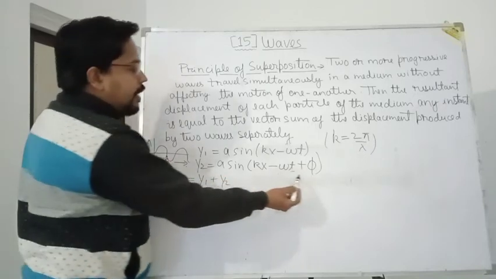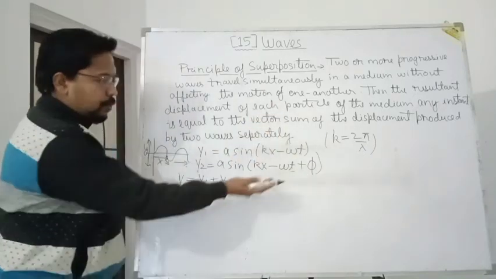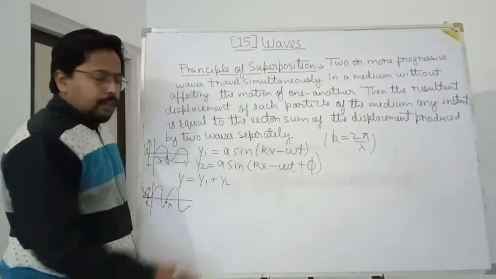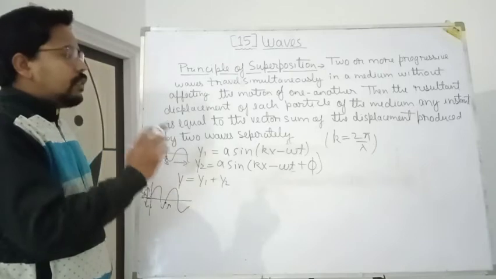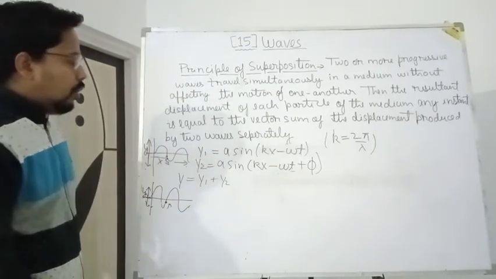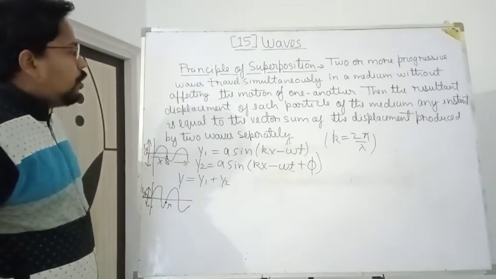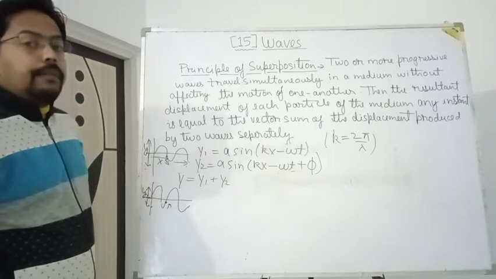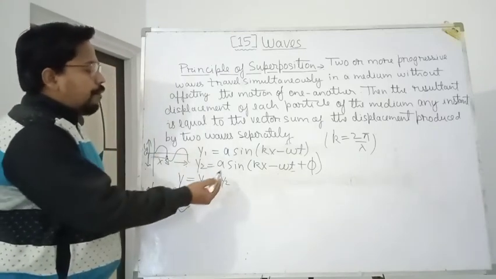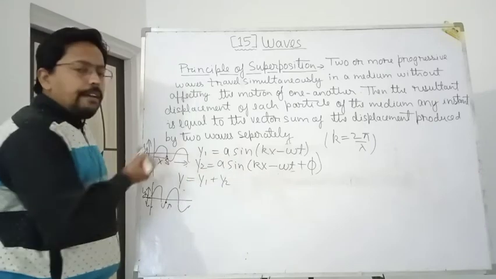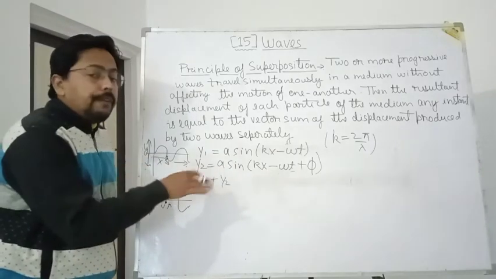That determines that it is lagging some phase with respect to the particle in the initial wave. This is the simple concept here. According to superposition, the resultant wave will get formed. Let us see whether it has the same format or some different format.